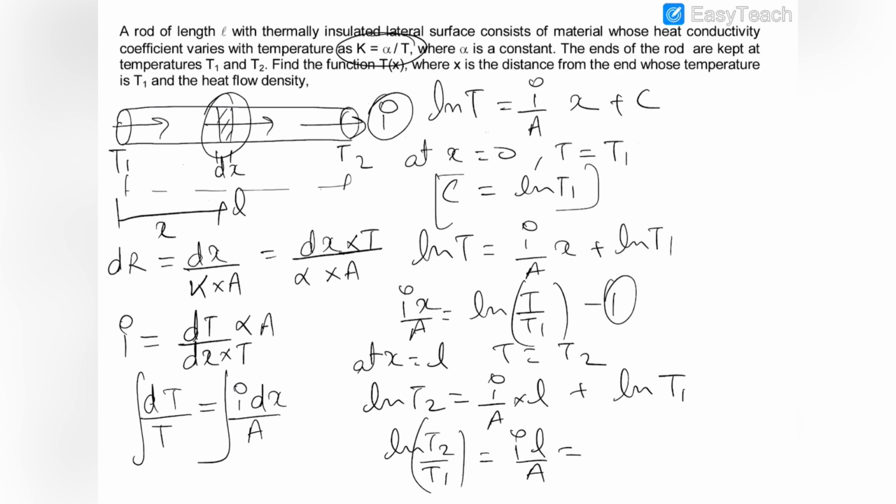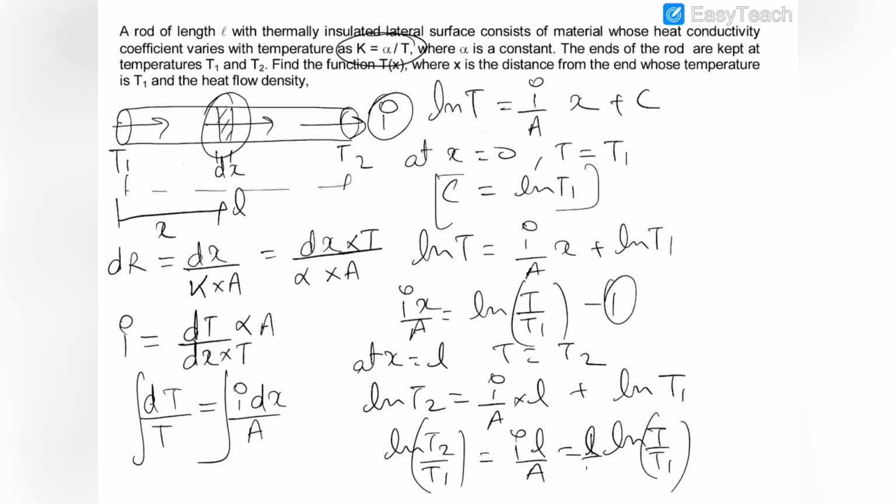Now you can substitute the value of I by A from this equation. So I by A is equal to ln T by T1 divided by x.